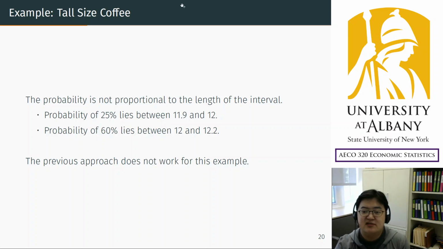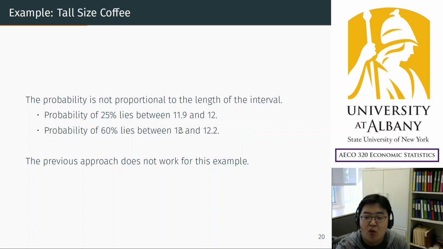The problem here is our numerical example was actually not consistent with the idea that the probability is a length. The probability does not need to be proportional to the length of the interval. This is an example. This interval has a length of 0.1, and this interval has a length of 0.2.